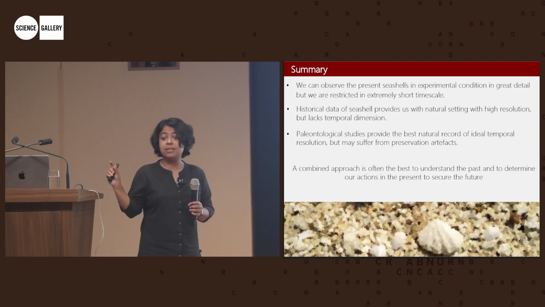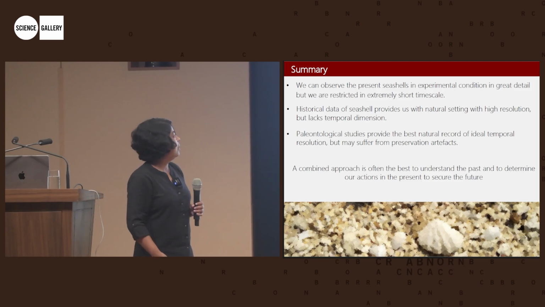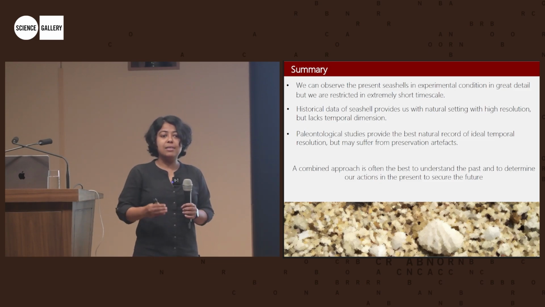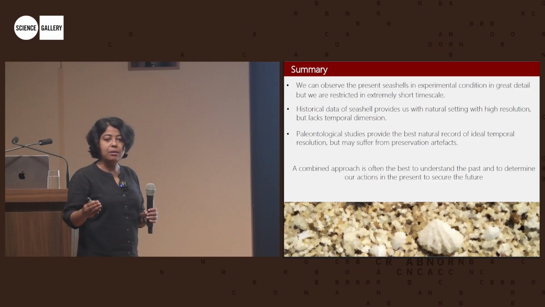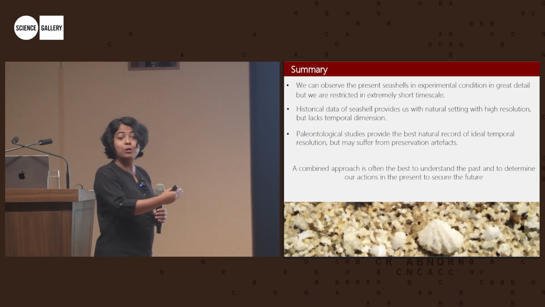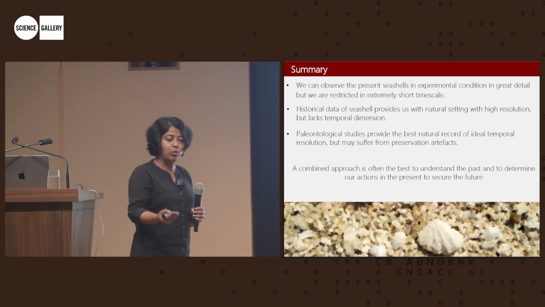It gives you fantastic resolution, no question about that, but only over a very short time scale. The next question is when you look at a slightly larger time scale, maybe 1000 years, then you get a more realistic understanding, but you lose resolution because some of the things are not going to get preserved.